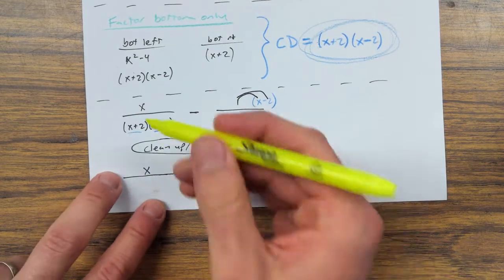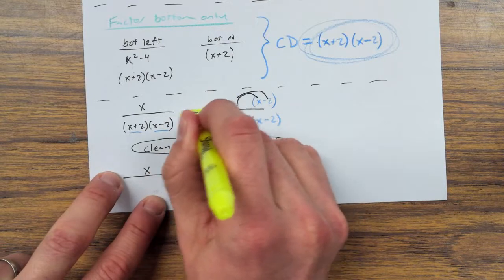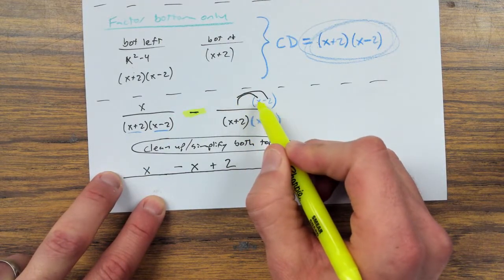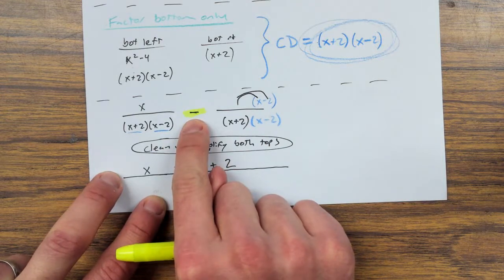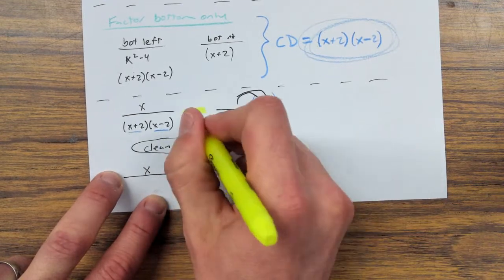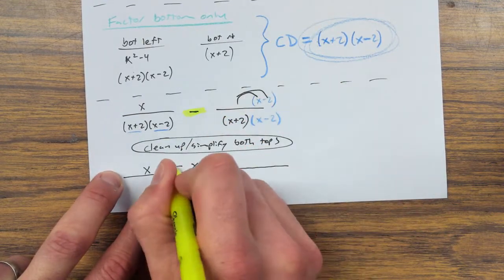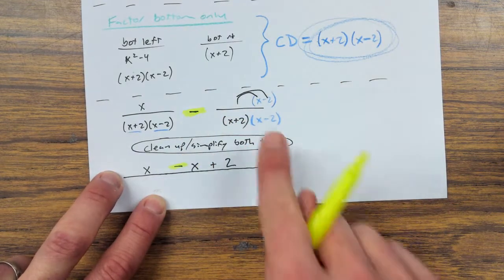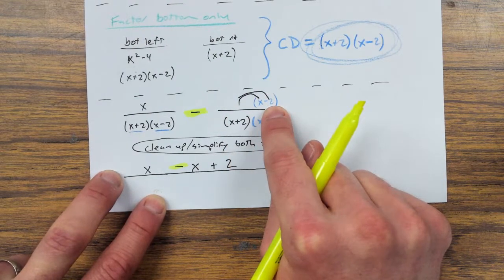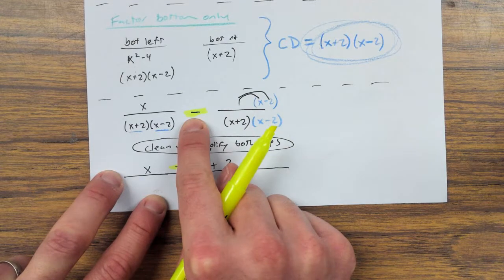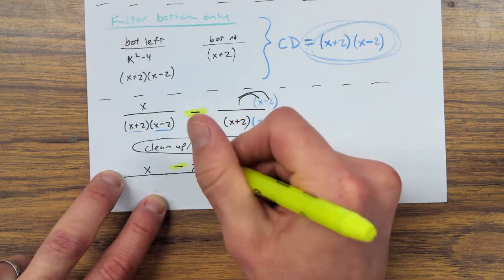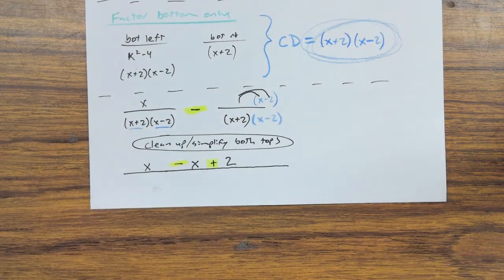Because you have to remember that there's a subtraction sign here. So when you go 1 times x and you get x, you're really supposed to go minus whatever that became. When you do 1 times negative 2, you get negative 2. But what happens when you minus a negative 2? It creates one of those big fat plus signs.